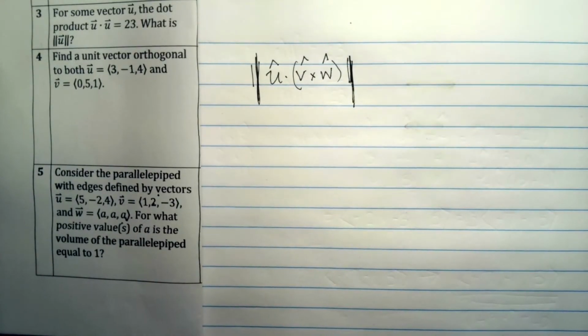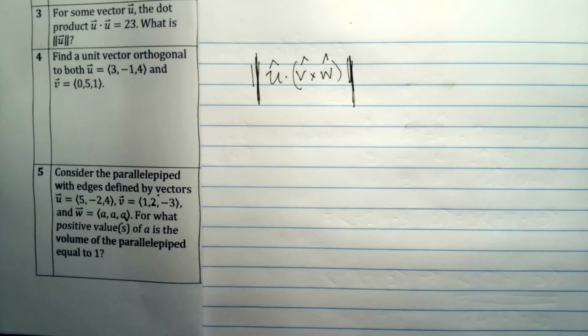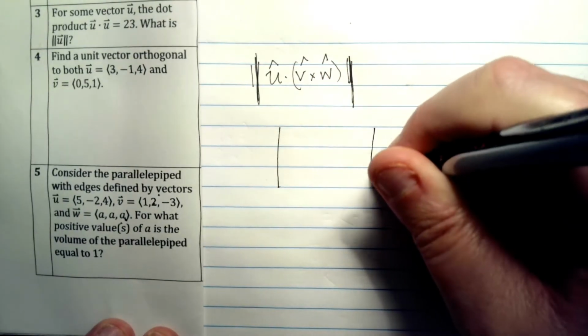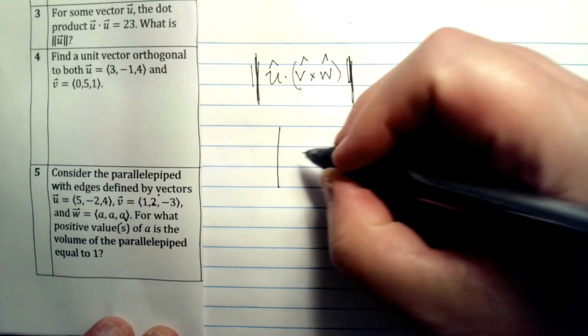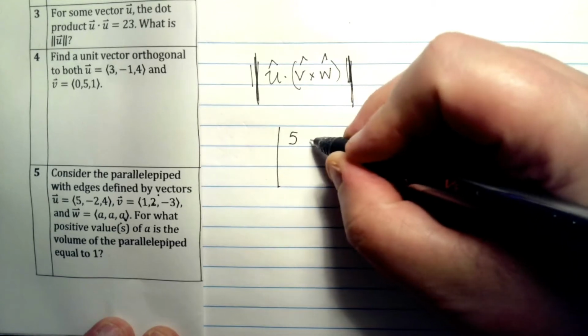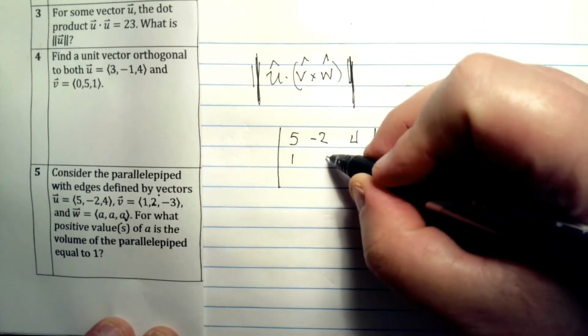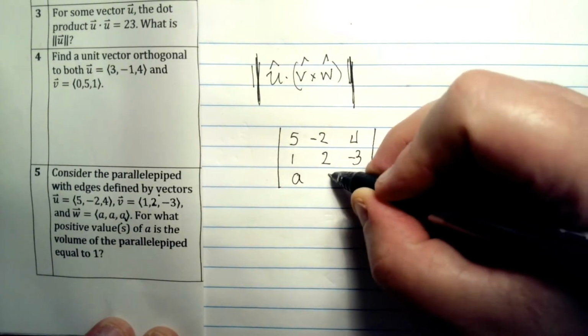Alright, so to find u dot v cross w, or whatever it is we're going to be using, we can do a 3x3 determinant. And so we would have 5, negative 2, 4, 1, 2, negative 3, and a, a, a.